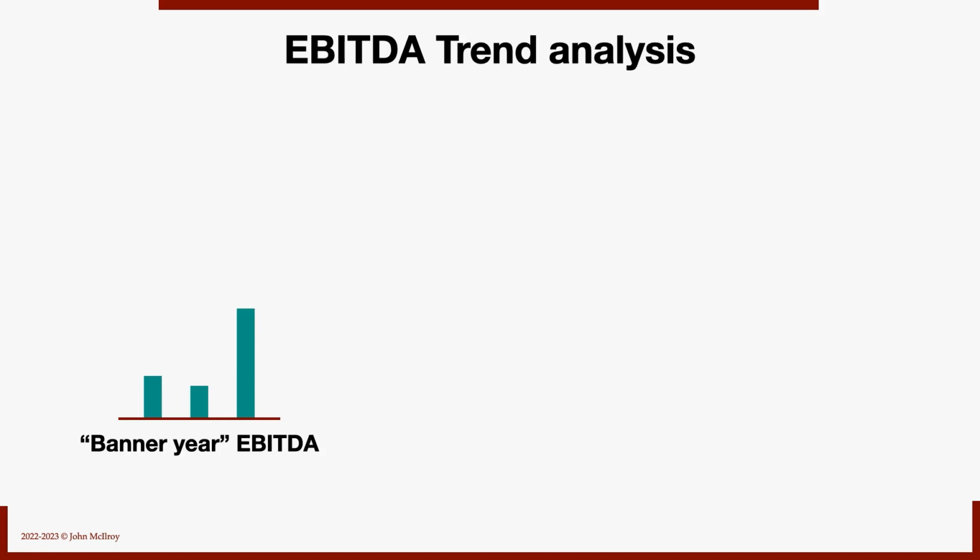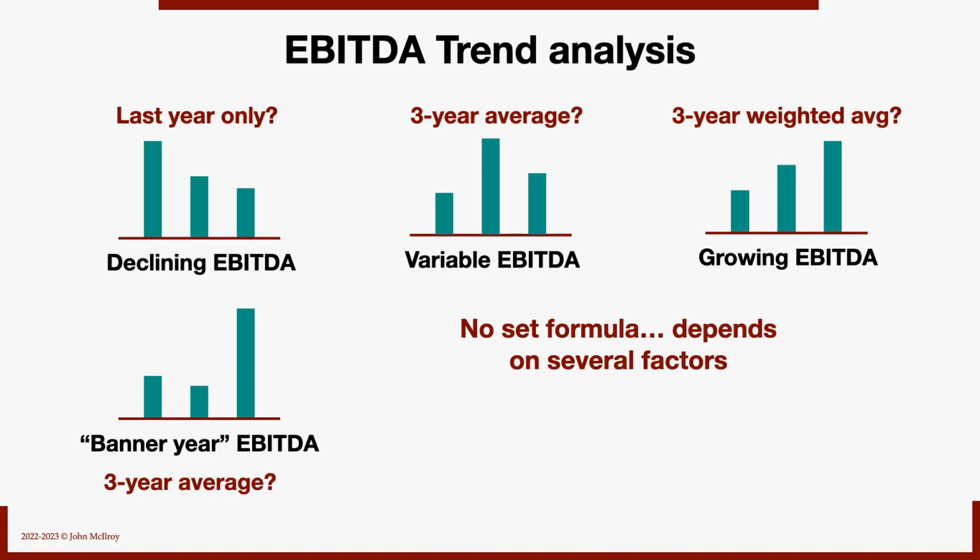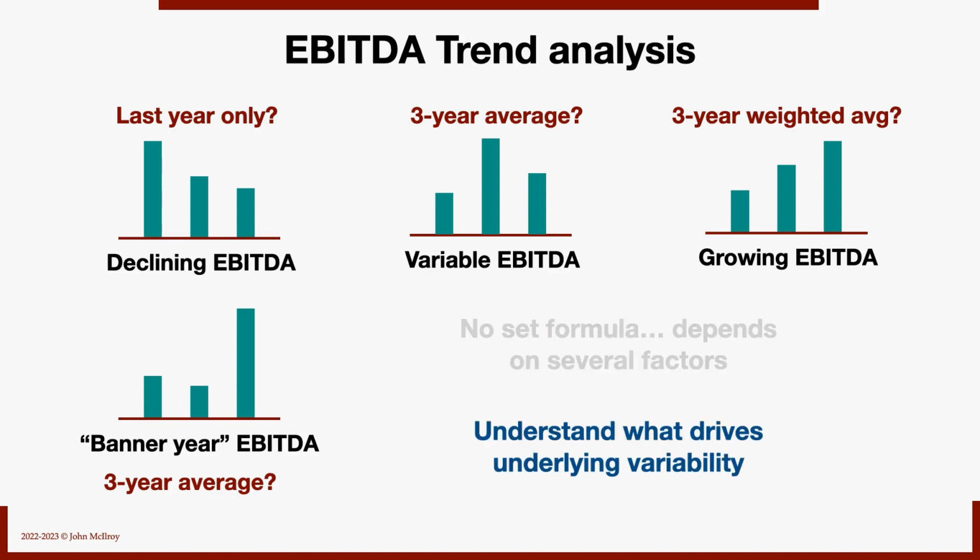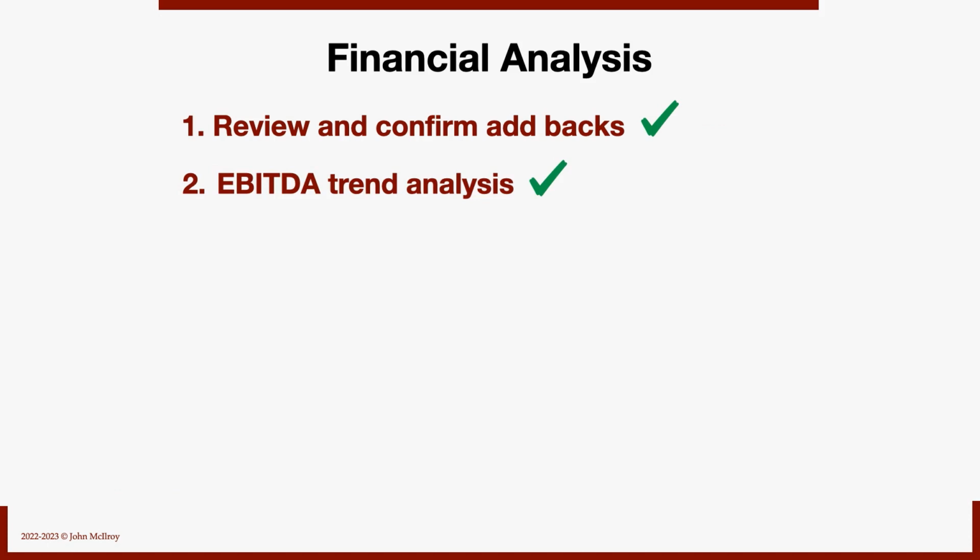And of course, if there's a banner year EBITDA situation, you take a 3-year average, not as an automatic sort of knee-jerk reaction. I would say no. I'd say there's no set formula. It really depends on several factors, really for all of them. We need to understand what drives underlying variability in the EBITDA number. And so that's what we have to take care of when we're doing EBITDA trend analysis.